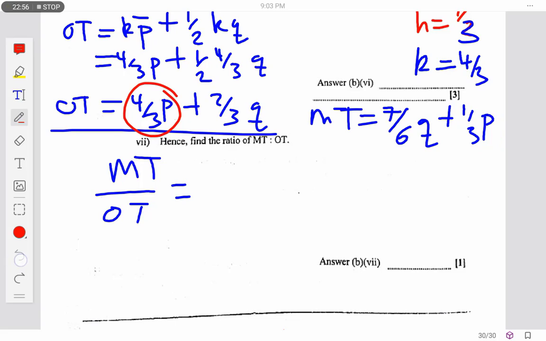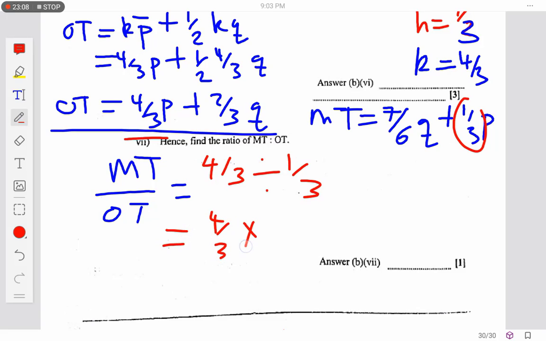So I'll take 4 over 3 divided by 1 over 3, so this is going to be 4 over 3 times 3 over 1. When I have it like this, my 3's are going to cancel. So at the end of the day, my ratio is going to be 1:4, or 4:1. So that will be the ratio.